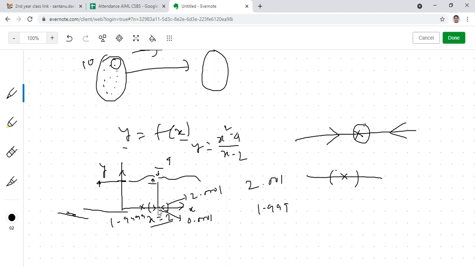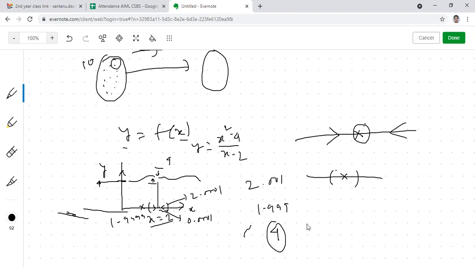So whenever I vary the independent variable in a small interval around 2, the functional values vary in a small interval around 4. That's why I could say that the functional value at 2 can be approximated as 4.